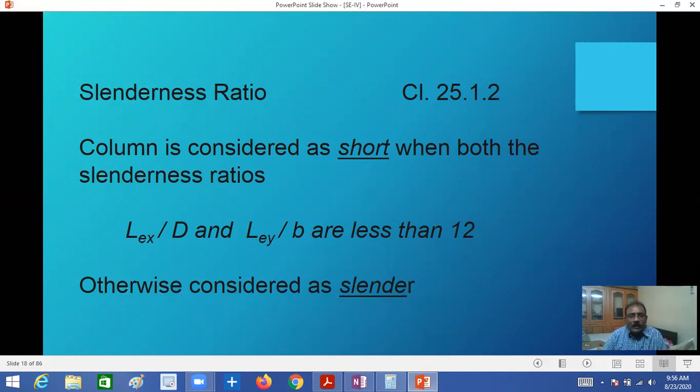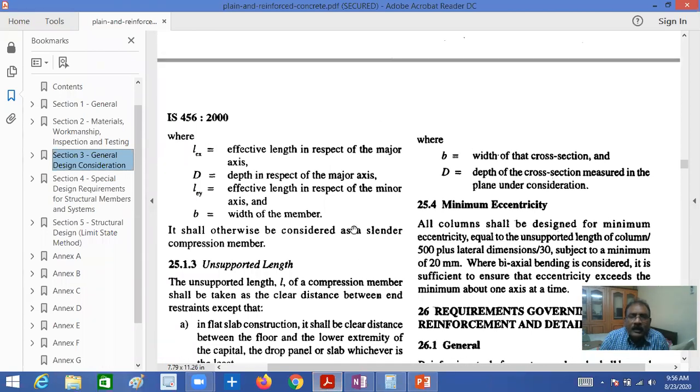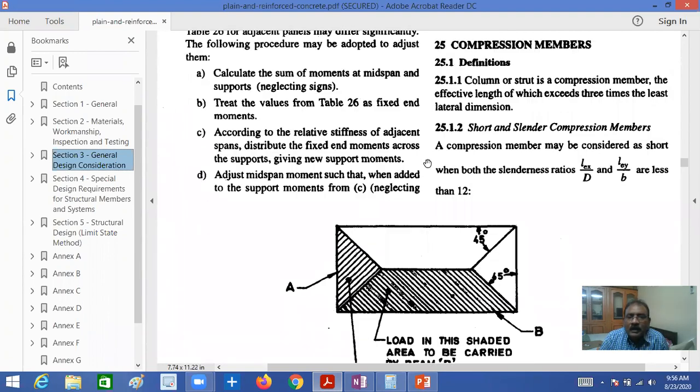This is a very important point as per clause 25.1.2, always refer to this. Here, 25.1.2: a compression member may be considered short when both the slenderness ratios Lex by D or Ley by B, where B is the shorter dimension and D is the longer dimension, whatever it may be, are less than 12.